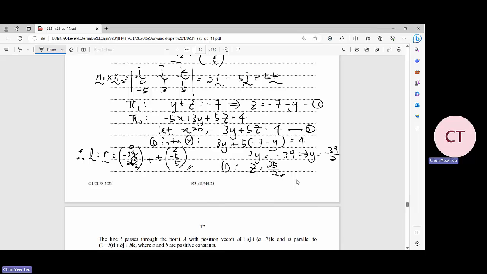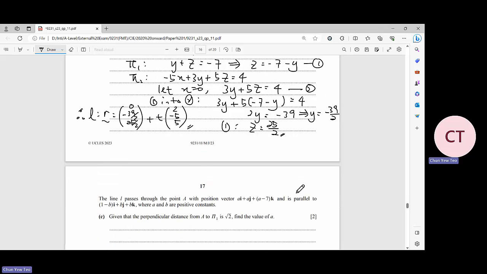Okay, so please take note that the answer that I have here may not be the same as the answer in the mark scheme because this solution is not unique. Okay, what I mean is that the position vector that I have may not be exactly the same as the position vector given in the mark scheme. Okay, but as long as it fulfills the equations of the plane, that will do. Okay, so that will be the answer for the part B.